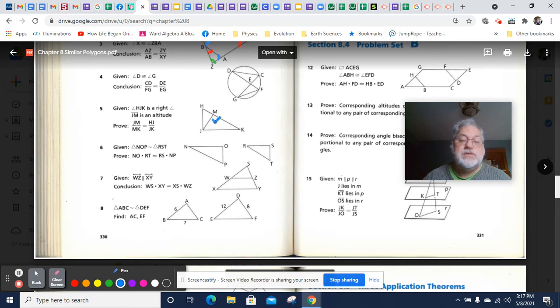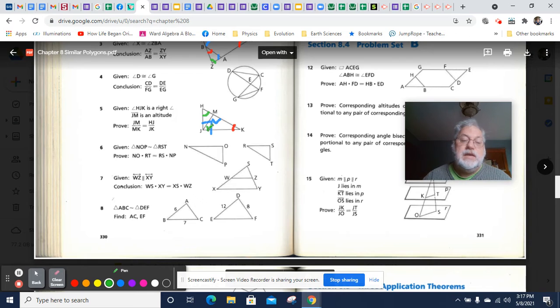All right, we have been given some information about angles. We know this is a right angle, and we know this is a right angle. Now, HJK and JMK share another angle, which is over here. And therefore their remaining angle has to be congruent by no choice.